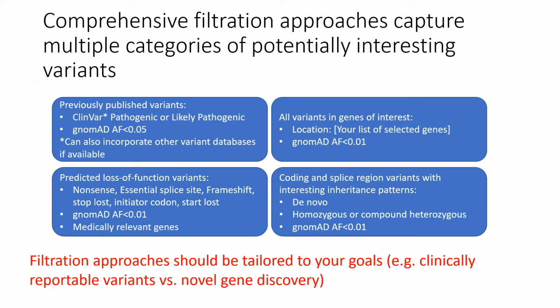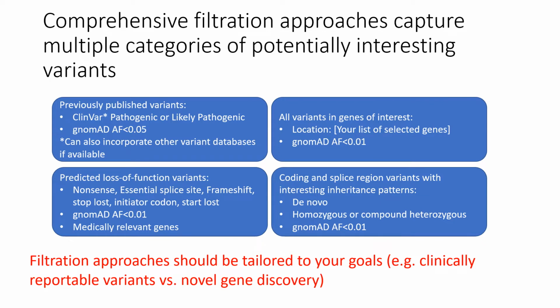And as I mentioned previously, for really comprehensive search approaches, generally the best approach is to take multiple different approaches. So an example here of a combined approach that we might apply would be to include previously published variants, so ClinVar pathogenic and likely pathogenic below a frequency cutoff.